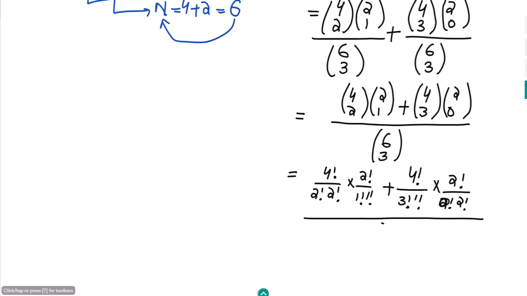Whole divided by 6 factorial divided by 3 factorial and 3 factorial.